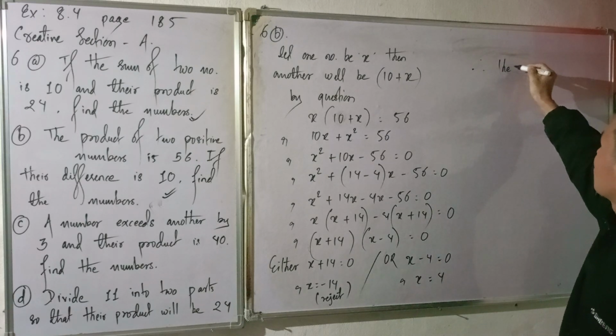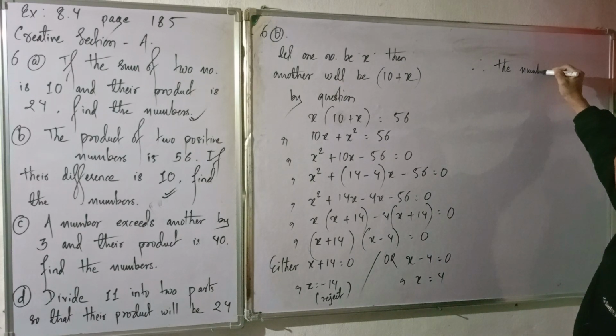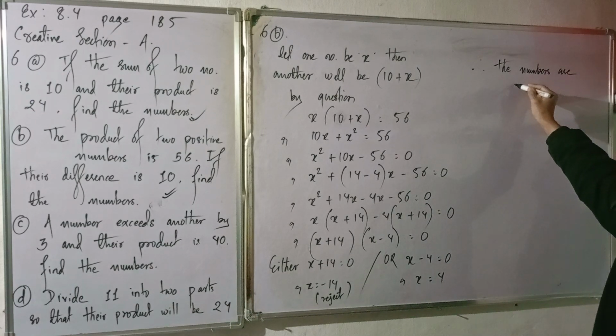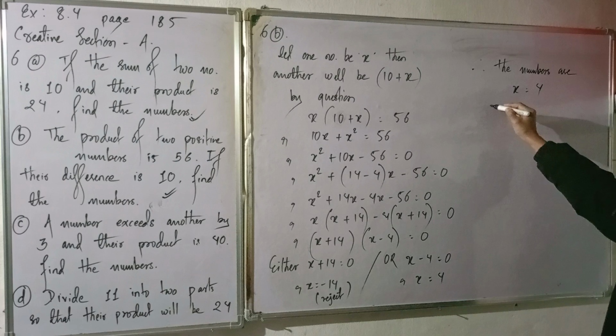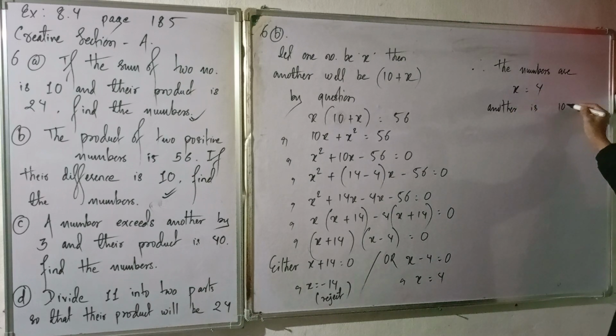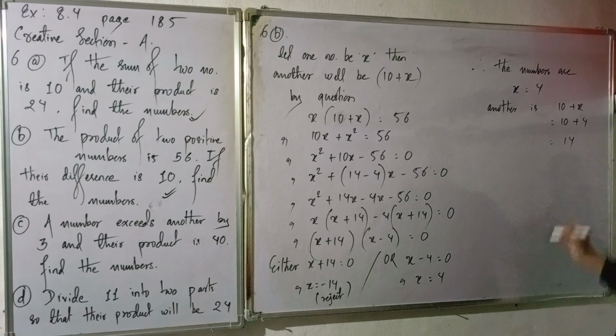Therefore the numbers are: one is 4, another is 10 plus x, that is 10 plus 4, 14. Therefore the numbers are 4 and 14.